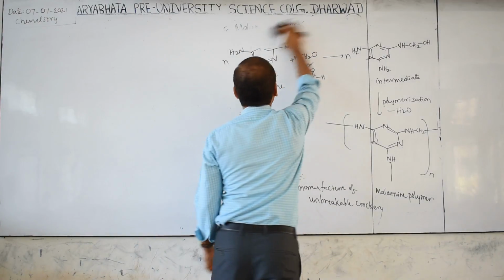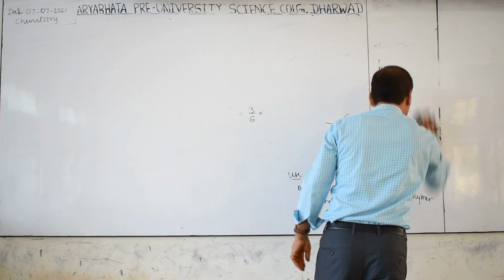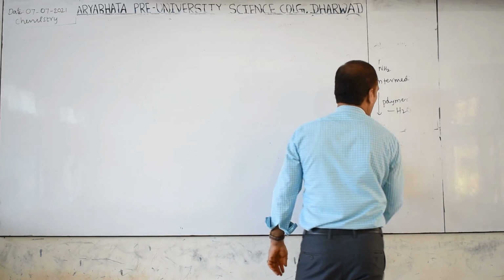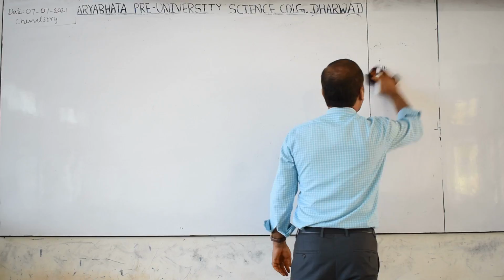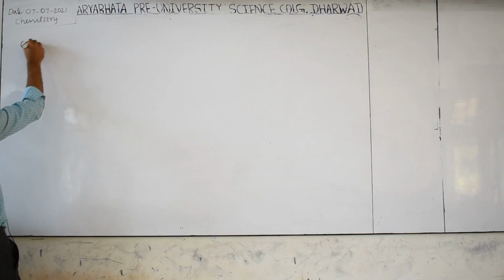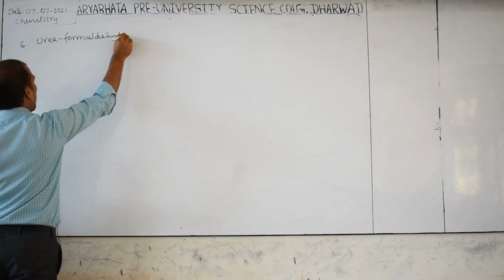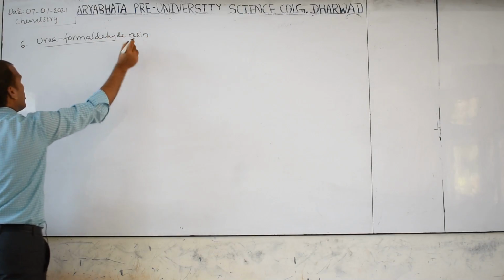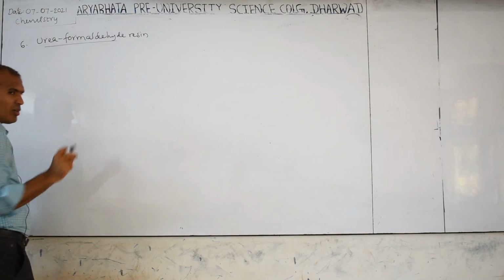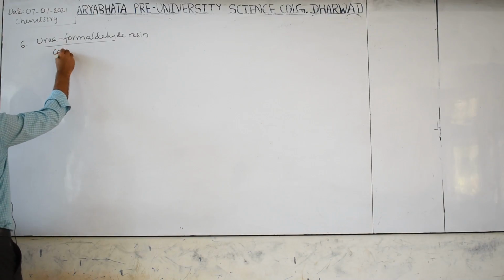Another is glyptal. So the next condensation polymer is urea formaldehyde resin. Melamine is also a copolymer. Keep in mind, urea formaldehyde is also a copolymer.